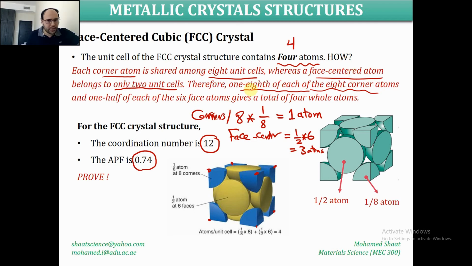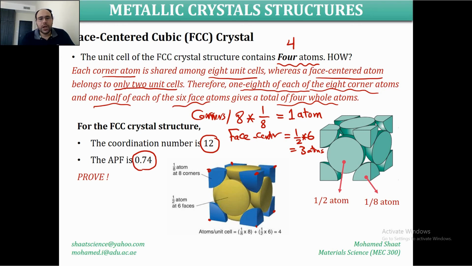Therefore, 1/8 of each corner multiplied by the 8 corner atoms gives 1 atom, and 1/2 of each of the 6 faces gives us 3 atoms. So in total, we end up with 4 atoms forming the unit cell of the Fcc crystal structure.